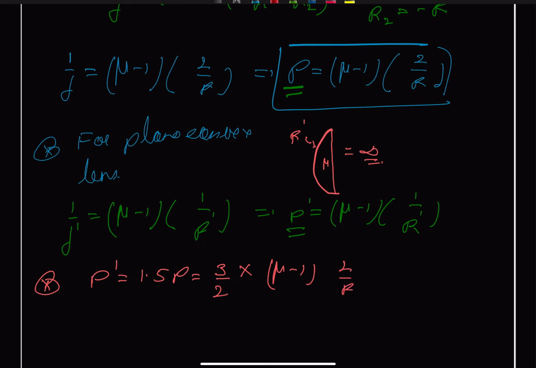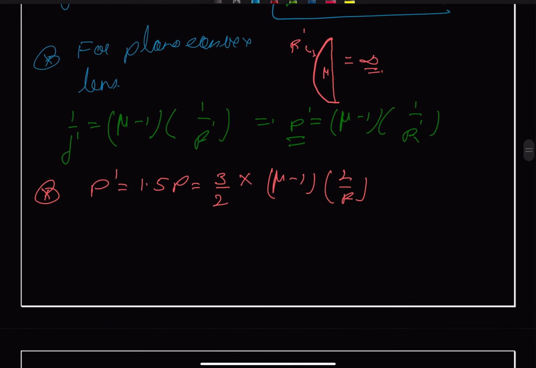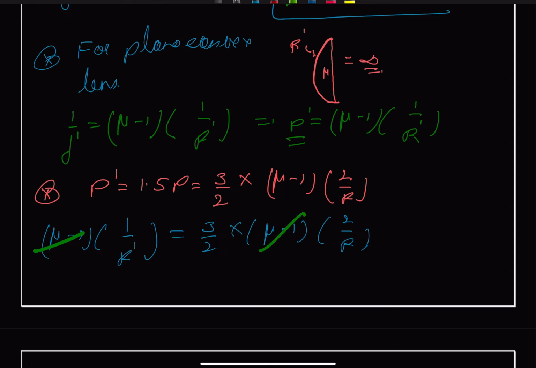And we can also substitute this P prime. So from here we get (mu minus 1) multiplied by 1 upon R prime is equal to 3 by 2 multiplied by (mu minus 1) times 2 upon R, and our (mu minus 1) cancels out, and 2 and 2 also go away.